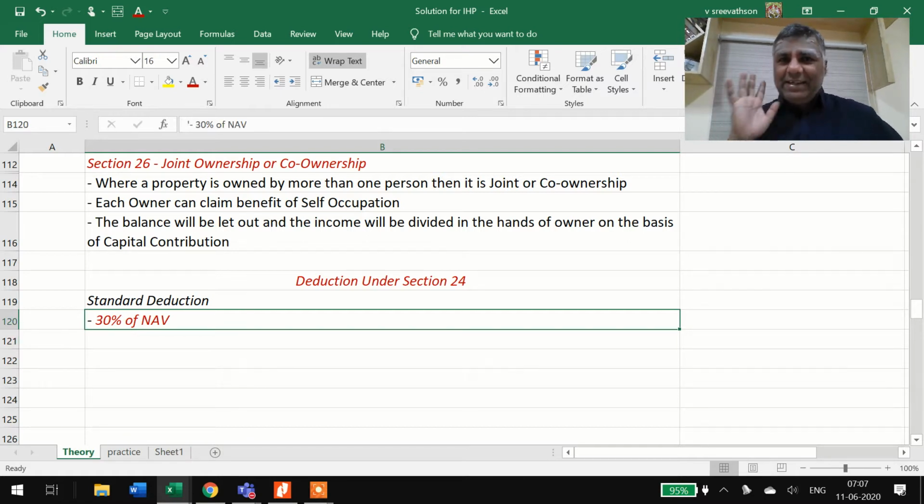That is why standard deduction. 30% of NAV is given as standard deduction for the maintenance, repairs, and upkeep of the property. You cannot claim separately. I am giving you 30%, boss. 1 lakh is your NAV, 30,000 becomes your expenditure, and I am only going to tax 70,000.